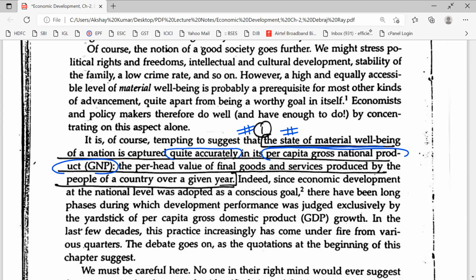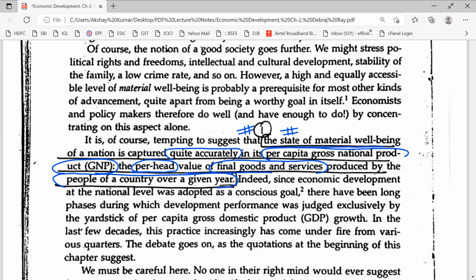Now, students by now should know the definition of gross national product. Gross national product is the per head value of the final goods and services produced by the people of a country over a given year. When I say per head value, it means the total output divided by the total population.